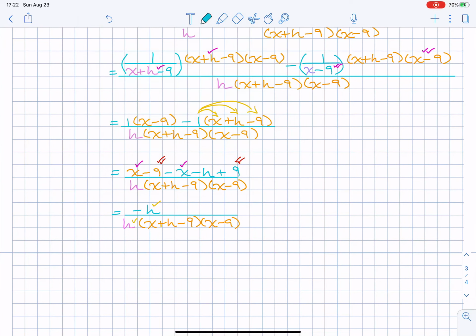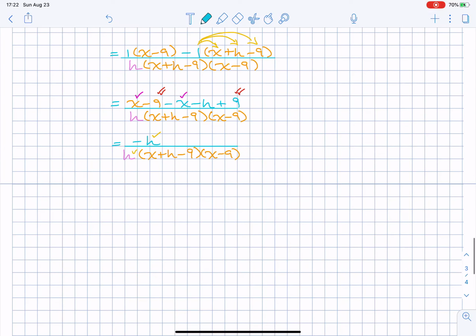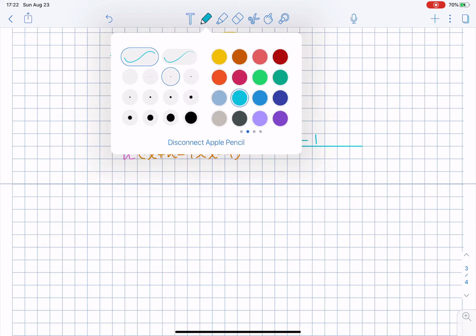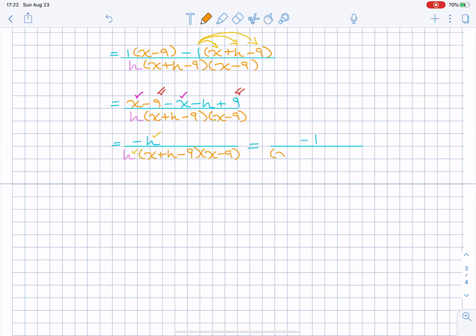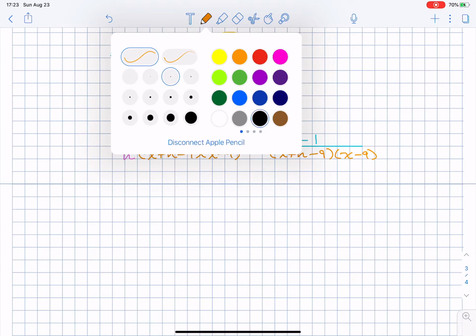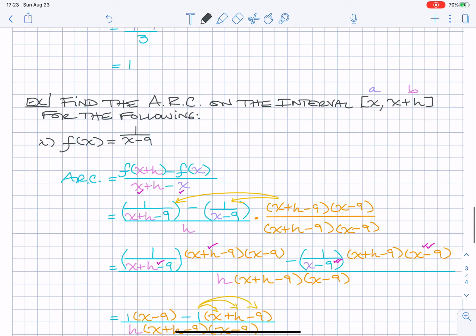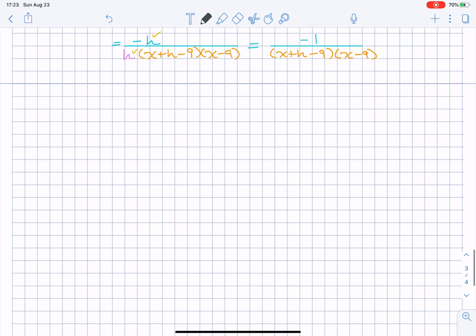So when all is said and done, this can be simplified as negative 1 divided by just the orange guy. The h has reduced. Quantity x plus h minus 9 times the quantity x minus 9. Okay, that builds character, doesn't it? Let's see. Okay, good. Let's do another one.